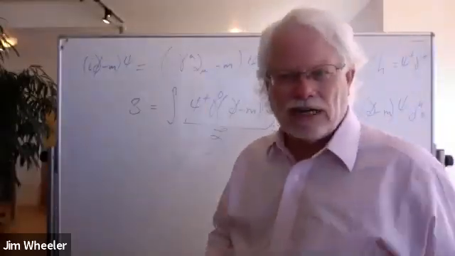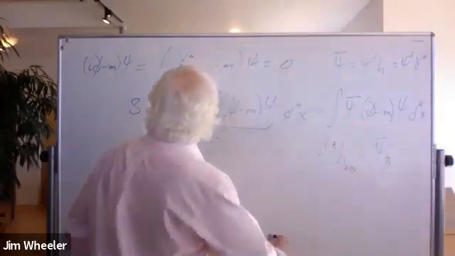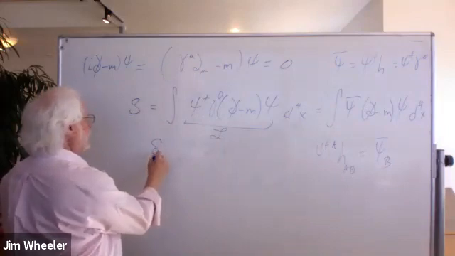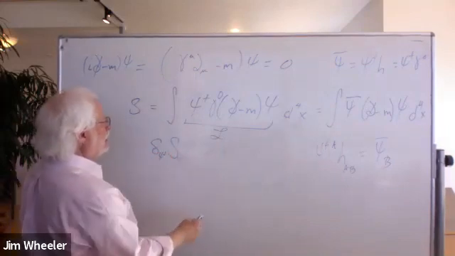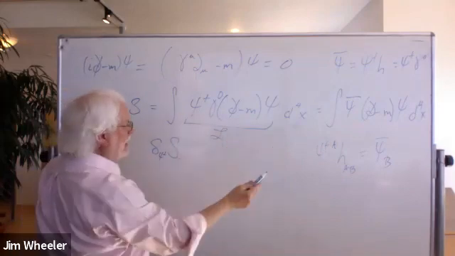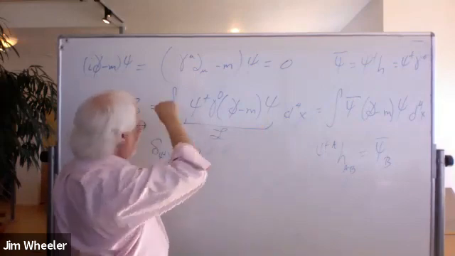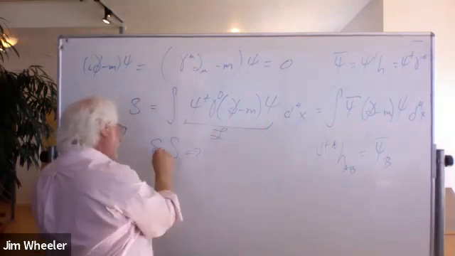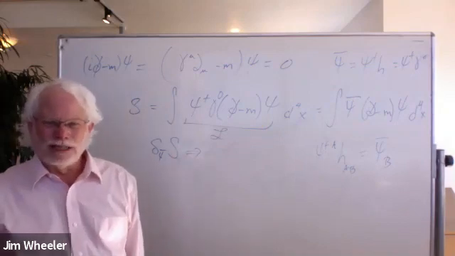So let's vary the fields now that we've got a real action and see what happens. If I vary psi dagger in S, you don't have to integrate anything by parts. You immediately see, and in fact we can do better, we can vary psi bar. No harm in doing that.